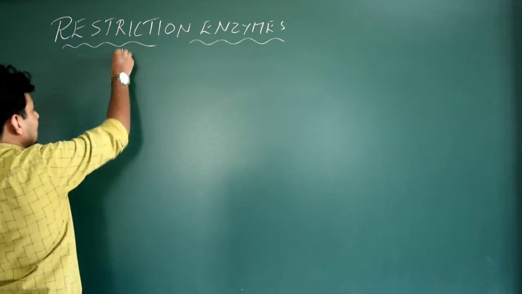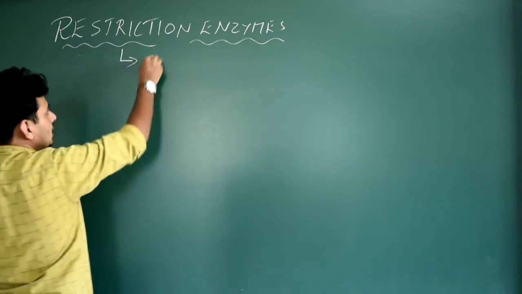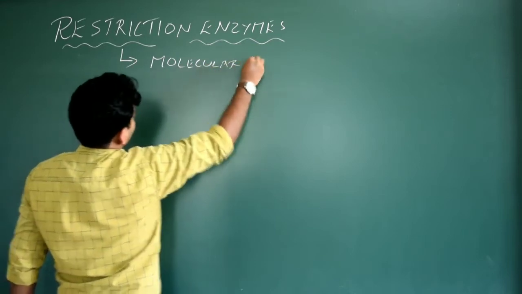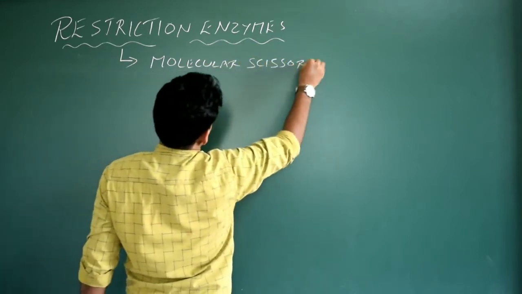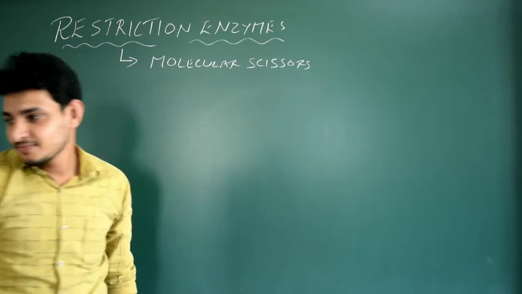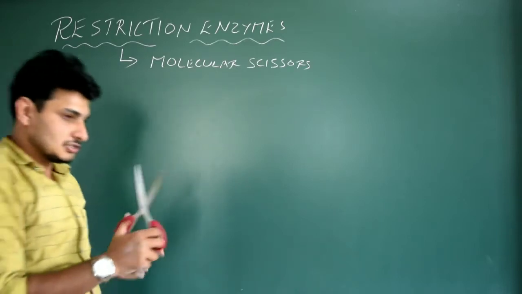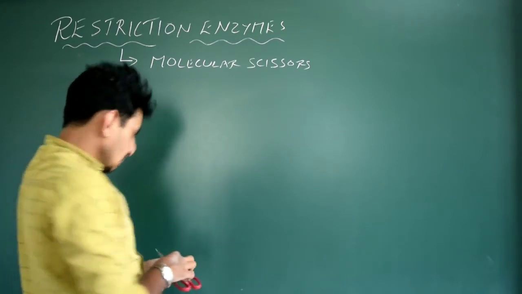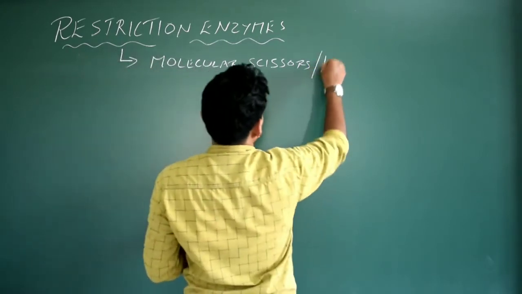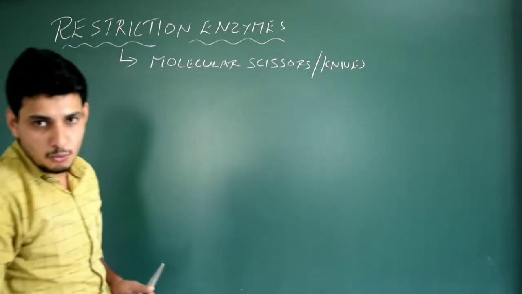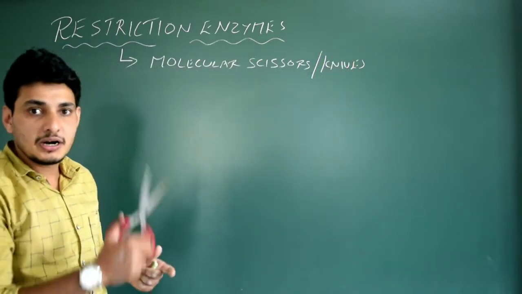What exactly are restriction enzymes called? They are called molecular scissors. Even molecular knives. Why? They have the ability to cut the DNA.